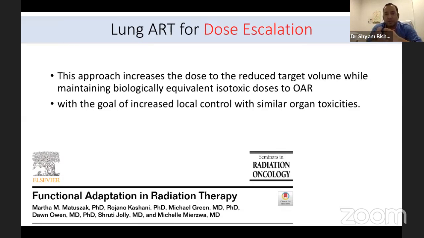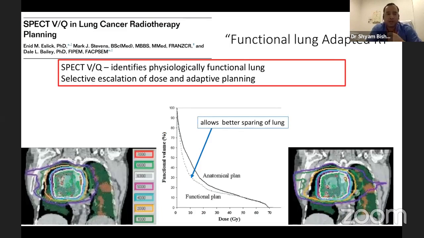Lung adaptive radiotherapy for dose escalation has two aims: to increase the dose without increasing the side effects. So there is an important role of functional imaging in this adaptive radiotherapy, in the form of SPECT, PET-CT, and MRI. SPECT ventilation perfusion scan can identify physiologically functional lung.